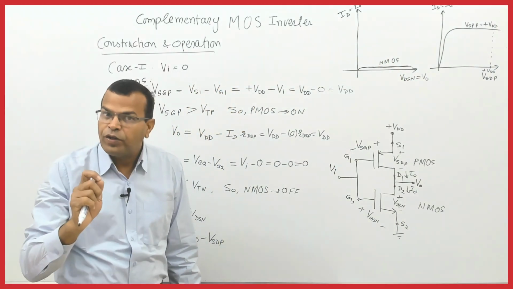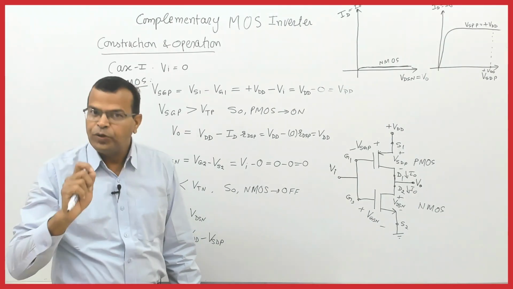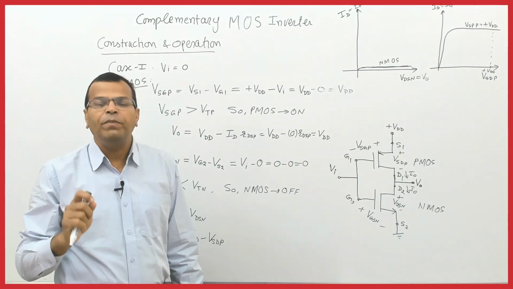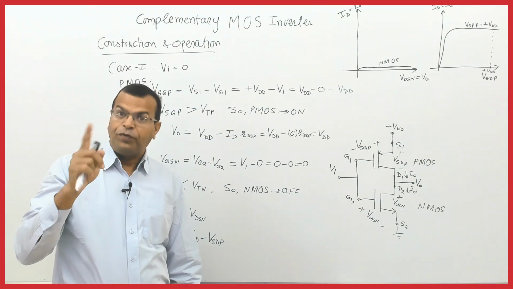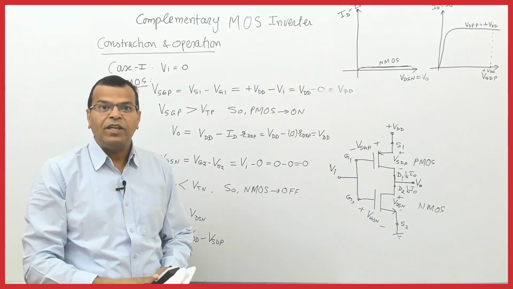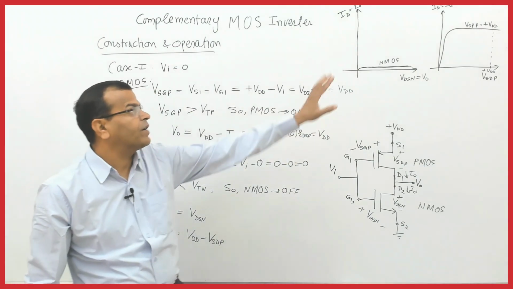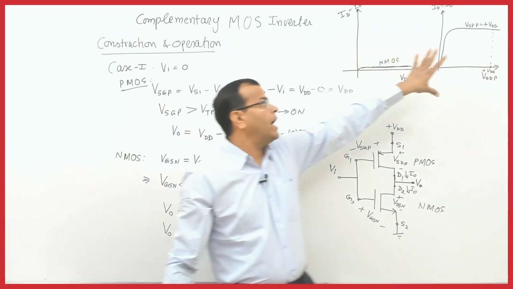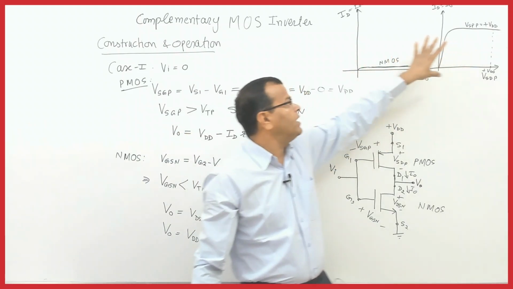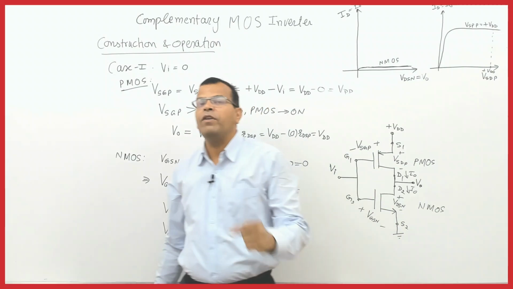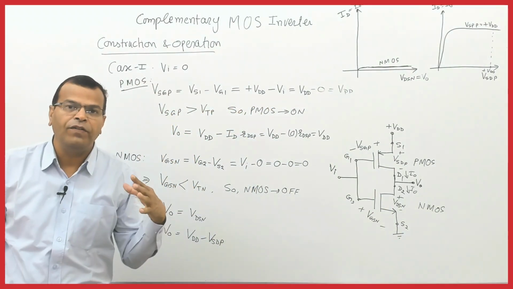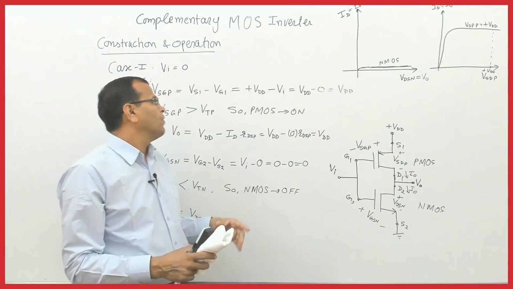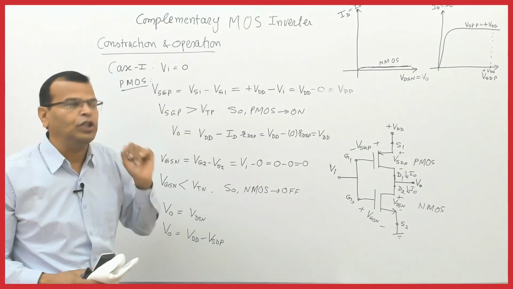Here output voltage is V0. Output current is I0. So I will be drawing the output characteristic of CMOS. But here I am talking about output characteristic of NMOS first and PMOS. So by combining these two characteristics, I will be drawing the characteristic of CMOS. Fine. For which voltage? When Vi is 0.